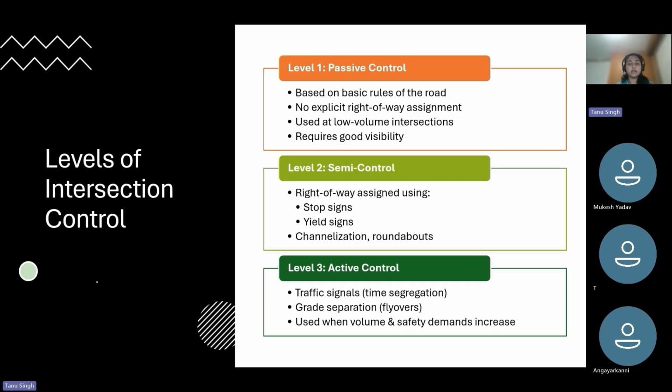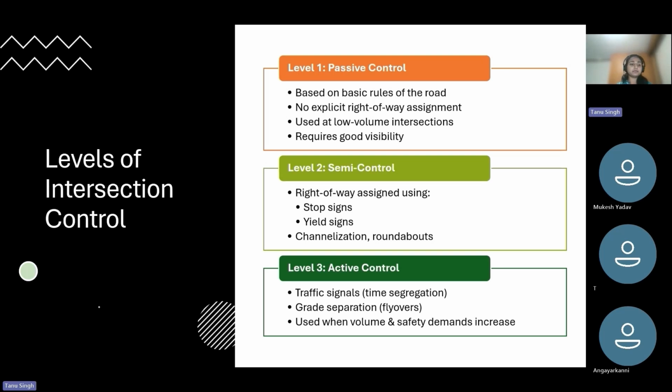Second is semi-control. Here we assign the right of way explicitly using stop and yield signs. We may also use channelization or roundabouts to guide movements. Third one is active control. This includes traffic signals or grade separations like flyovers. Traffic signals separate movements by time.